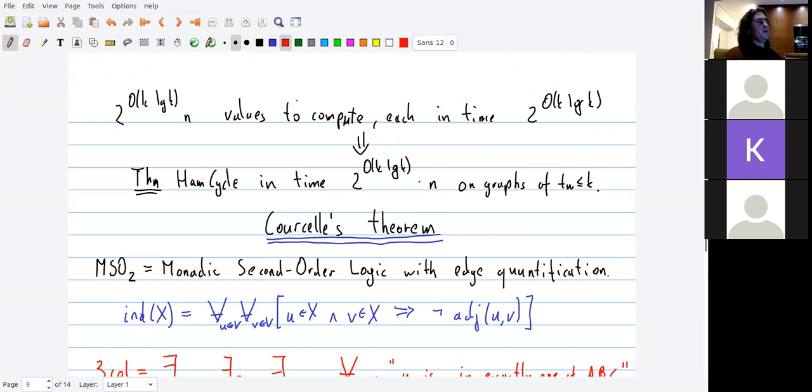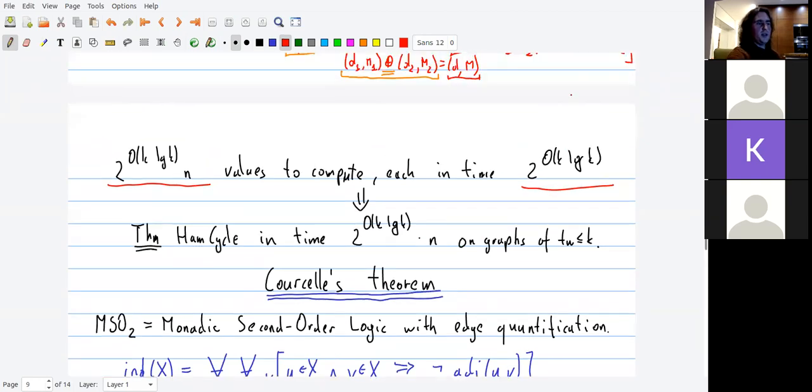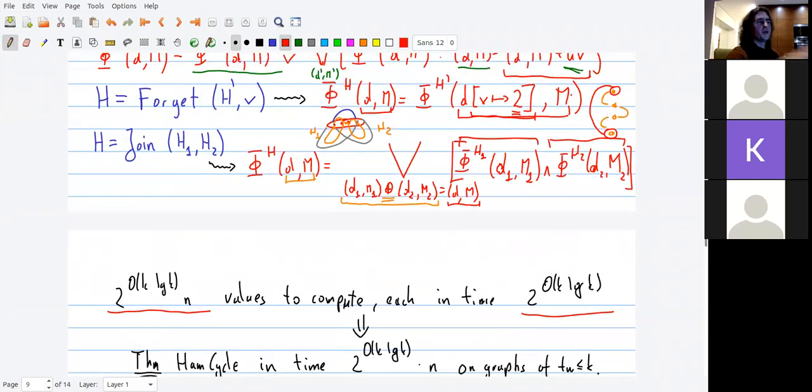Okay, so now this means that we've got that many values to compute in total. The overall answer will be read from the root. And each Boolean value we compute in running time something like k power k, because observe that for instance, in the join node, I was making a big disjunction over many different possible splits.